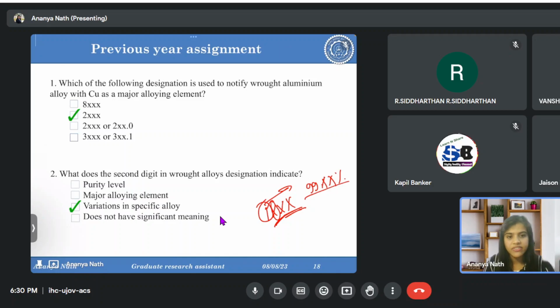It defines what other alloying elements are mixed in what percentage. Seeing that and using the data sheet available for aluminium alloys, you'll get to know what elements are present in what percentage, and also whether they are heat treatable or not, or what the precipitate will be if they are heat treatable. Okay, ma'am.